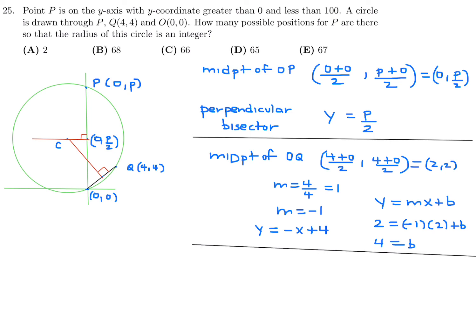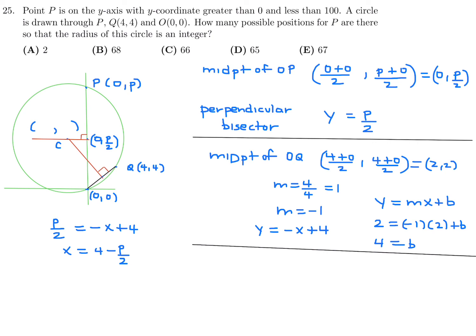So now I'm interested in finding the coordinates for C. And C can be figured out pretty easily, equating these two. So basically, I have a situation where P over 2 is equal to minus x plus 4, or x is equal to 4 minus P over 2. So the coordinates of C, I'll write them here.